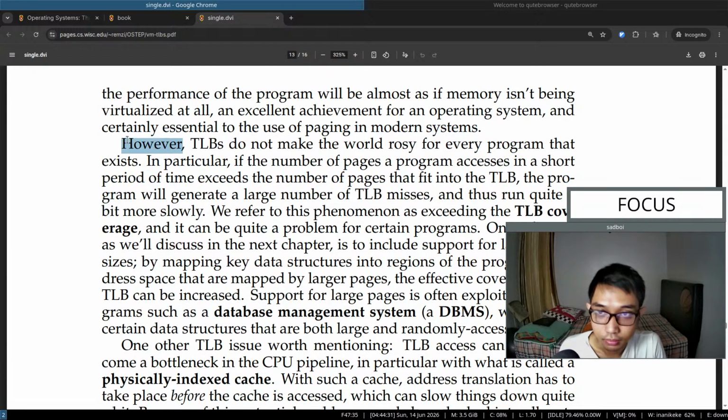However, translation look-aside buffers do not make the world rosy for every program that exists.